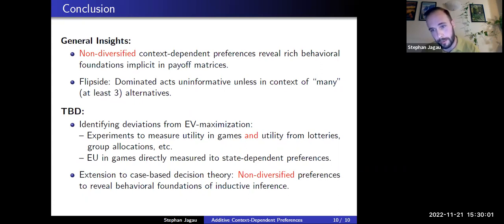You have to ask people for their preference conditional on something that the opponents could do in the game. That in some sense is very similar to what people already do when they're trying to test case-based decision theory or something like that. It has been referred to as something like lying without lying. You fix a state and then you pay people only conditional on that state, and you do that for a lot of different states. Also clearly related to the strategy method, of course.